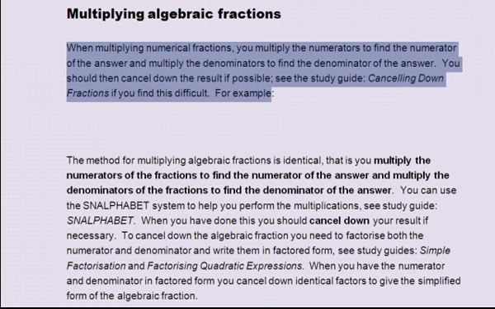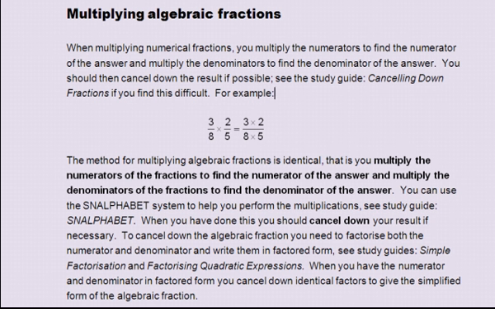For example, 3/8 multiplied by 2/5 equals 3 multiplied by 2 divided by 8 multiplied by 5, which equals 6 divided by 40, which cancels down to give 3/20. The method for multiplying algebraic fractions is identical.